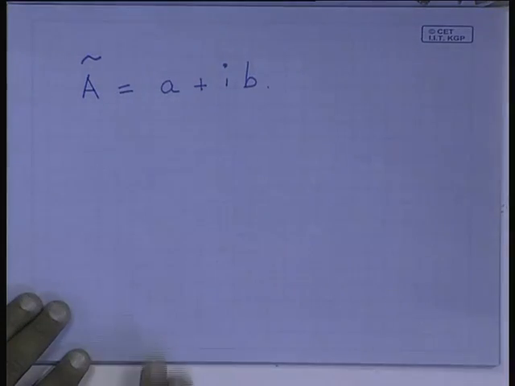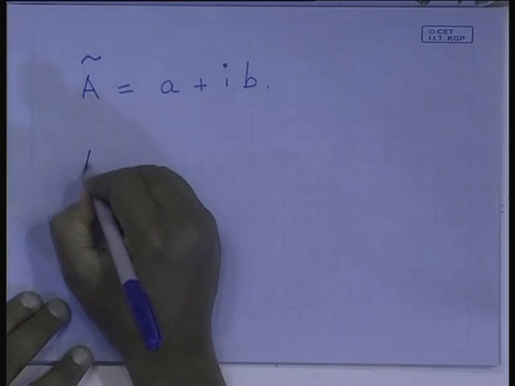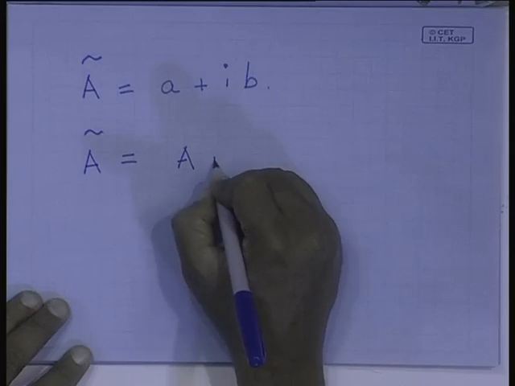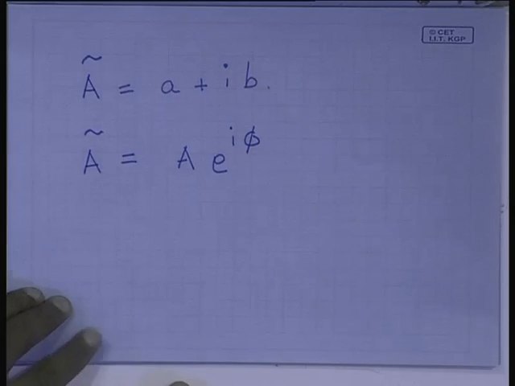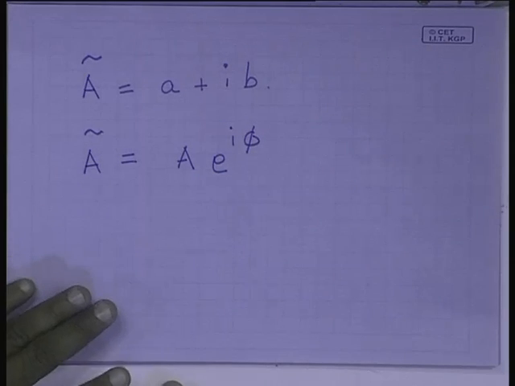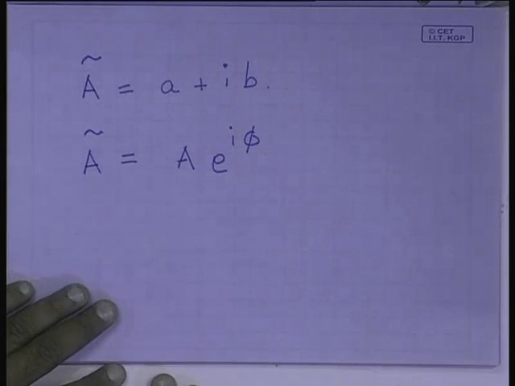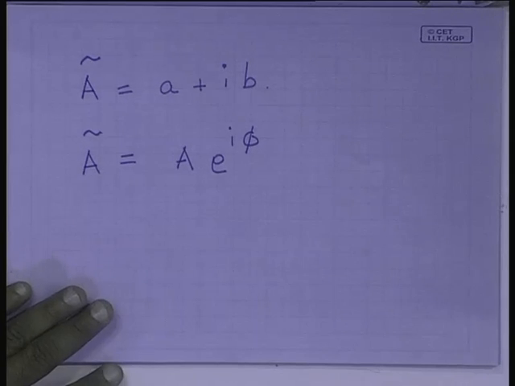So, the problem is to determine these coefficients a and b in terms of the initial position and the initial velocity of the oscillator. You could also represent the complex amplitude as a real magnitude and a phase. So, the next part of the problem is to determine the real amplitude and the phase from the initial conditions. Let us first take up the first part of the problem, where we will determine these coefficients a and b in terms of the initial conditions.